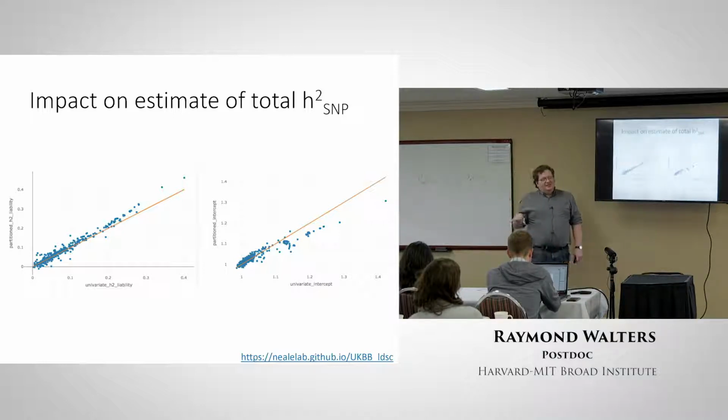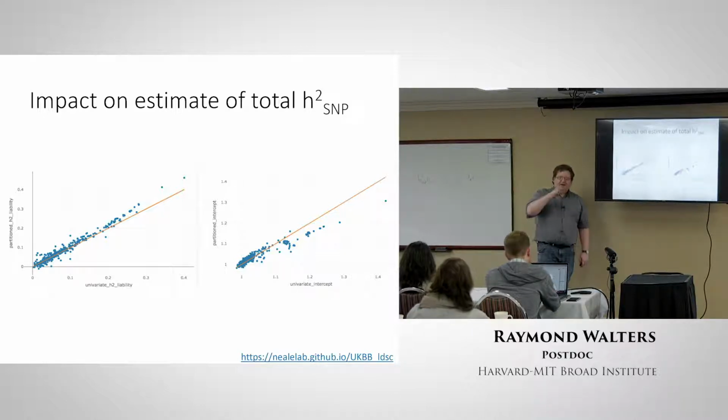So you've modeled LD such that you're expecting a relationship between the degree of signal in the GWAS and the strength of LD for a SNP. But if there's strong variation across different regions of the genome in heritability per SNP, then we've essentially misspecified that univariate model.